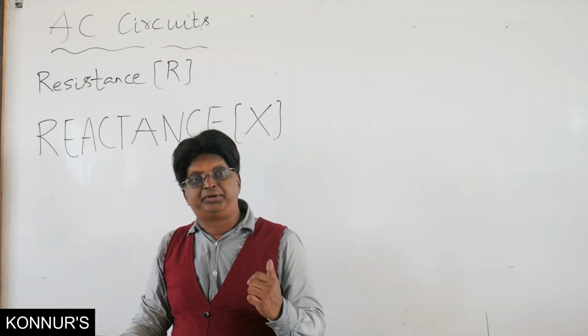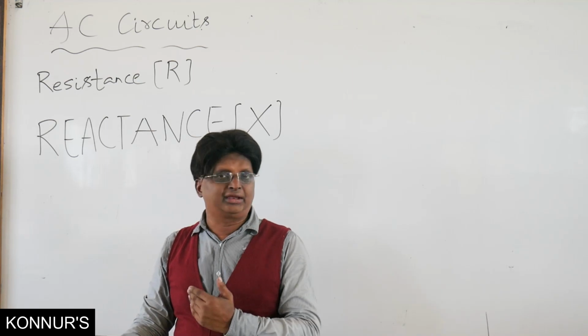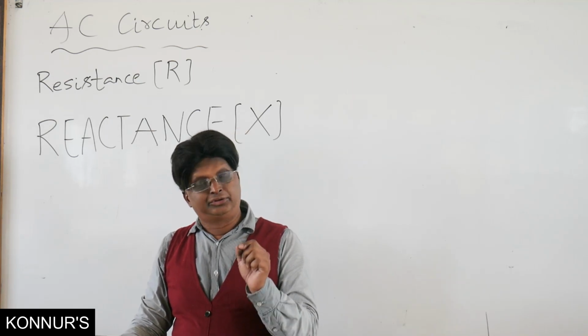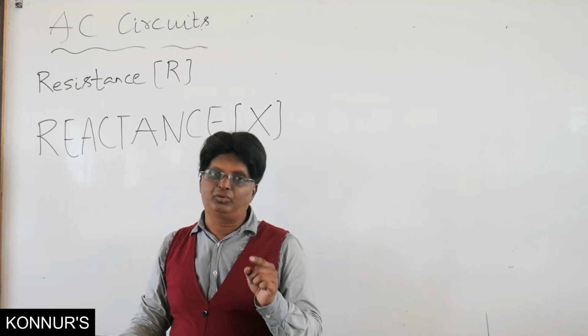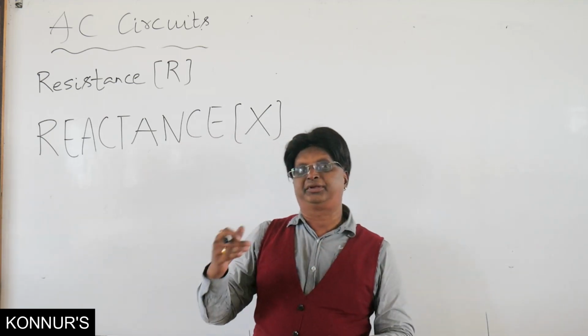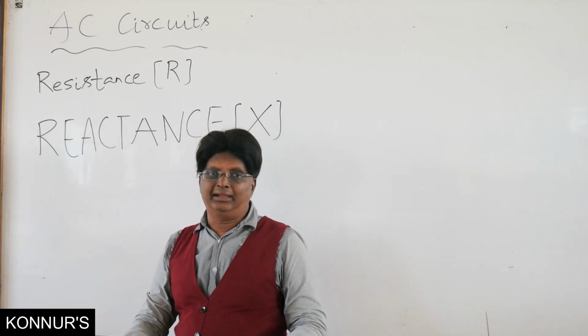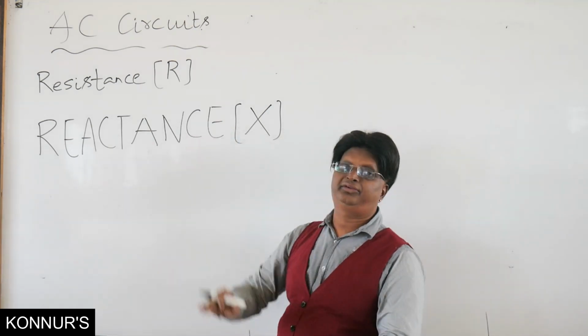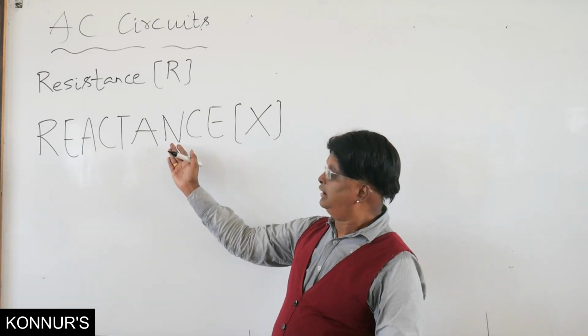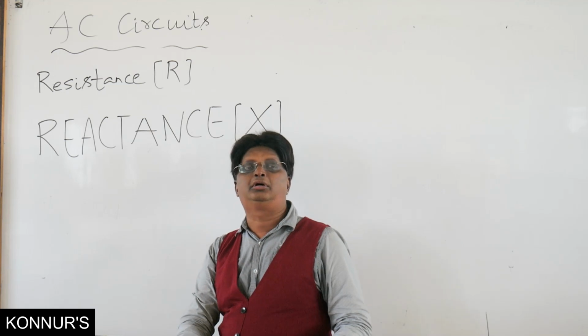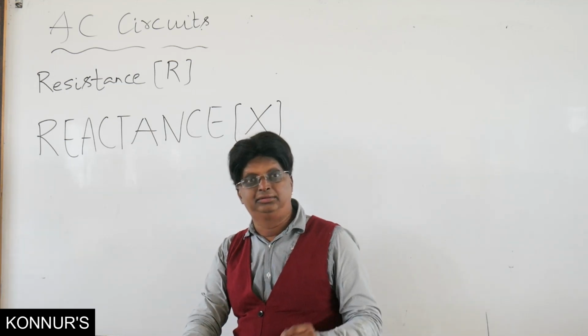So again, AC voltages vary and reverse direction. So the capacitor opposes the growth and decay of voltages, and therefore it offers some special resistance for AC. That is referred to as reactance in AC circuits. So reactance is the additional resistance offered by an inductor or capacitor for AC, right?